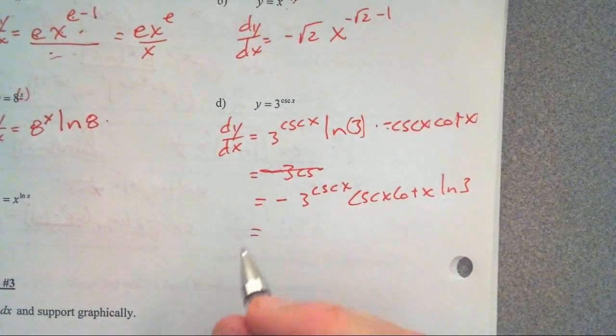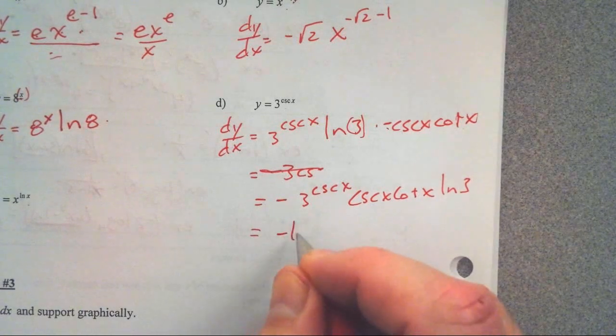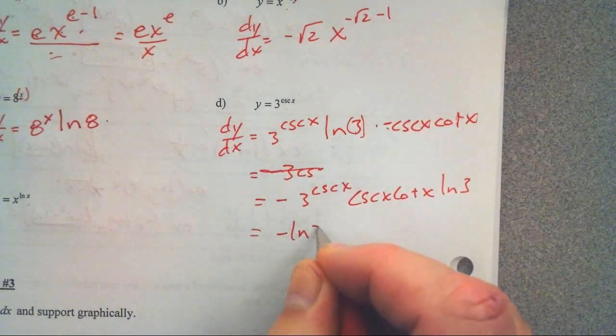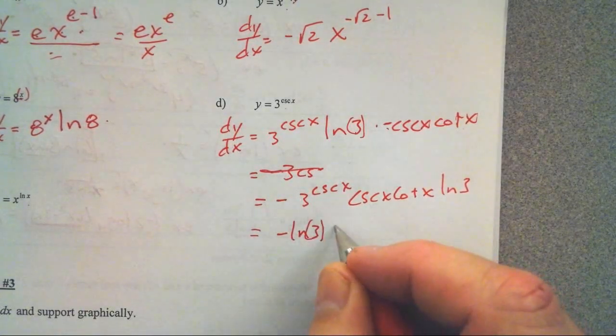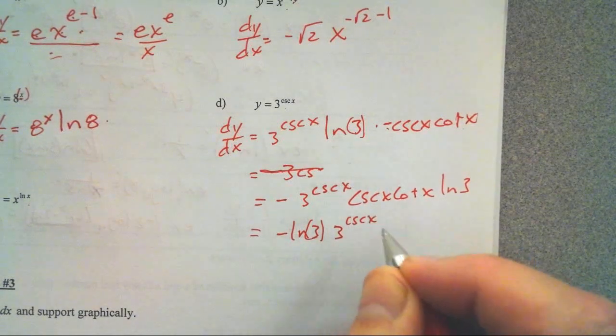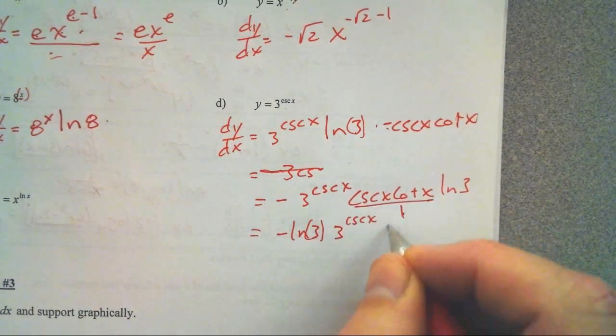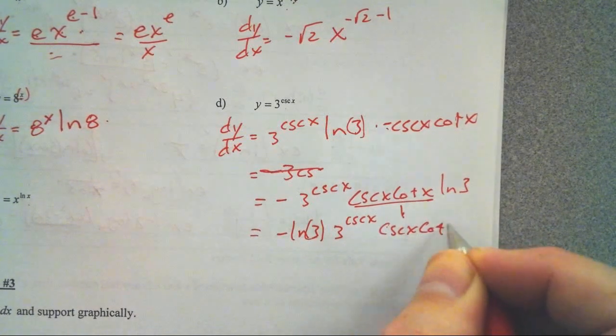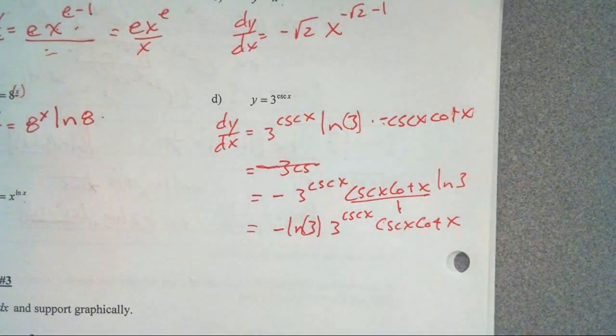Or, you know, we can play around with that all we want, match the book. Maybe it's negative ln 3 times 3 to the cosecant x, cosecant x, cotangent x. So we can play around with those factors, but I don't think anything's going to simplify real well for us there.